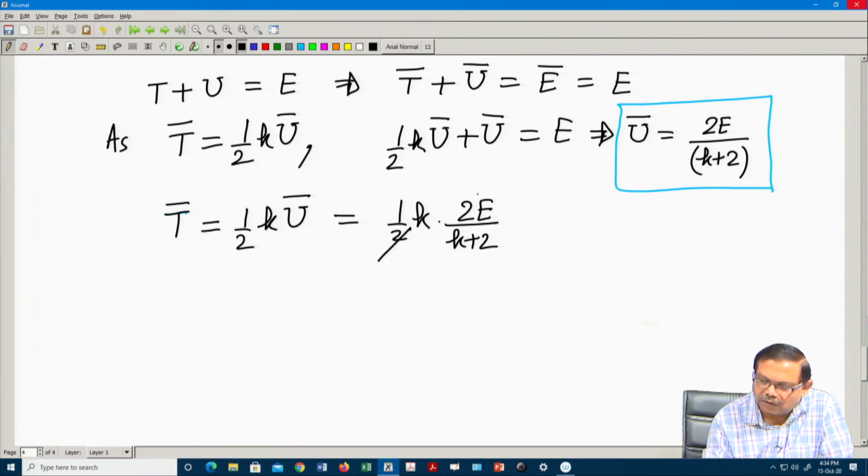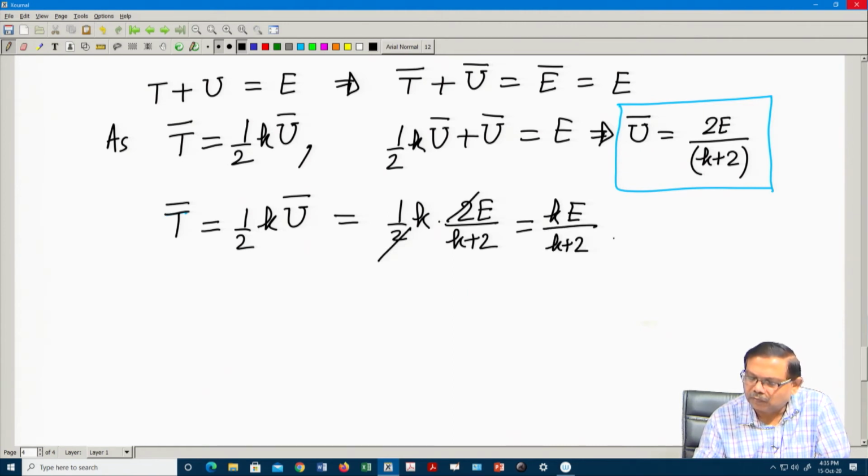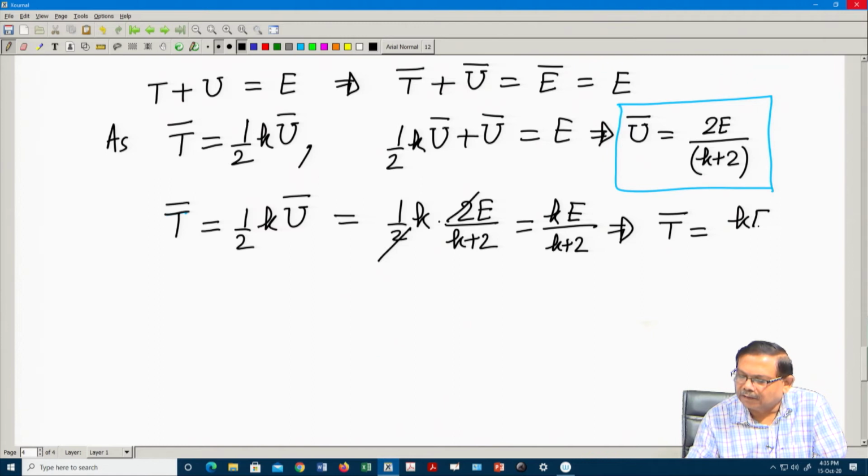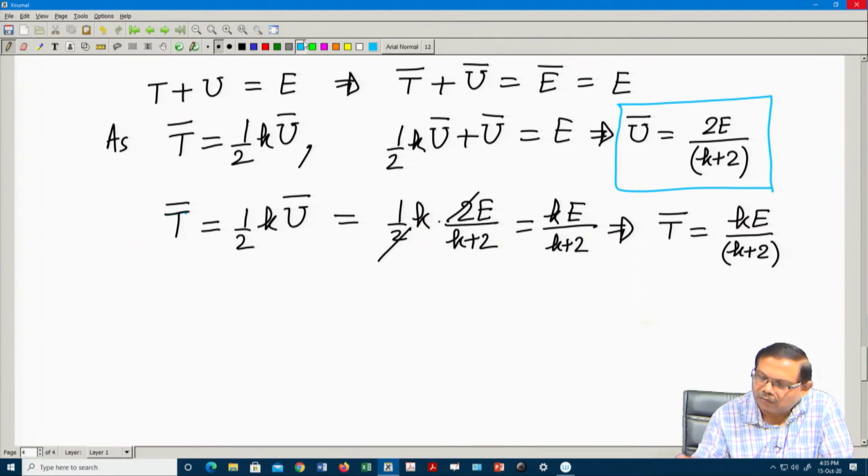So, this 2 and 2 go, and this is k times E by k plus 2. So, we have another relationship: the time average value of kinetic energy is k times E upon k plus 2.